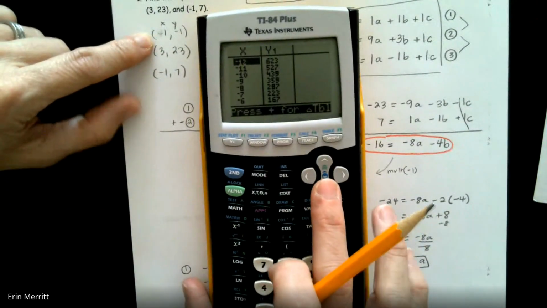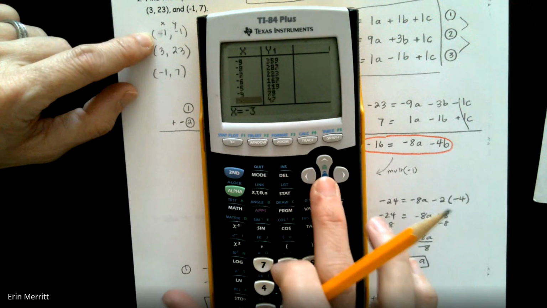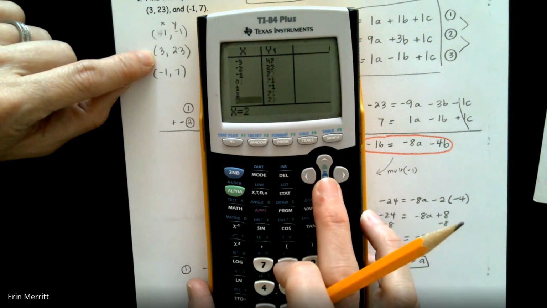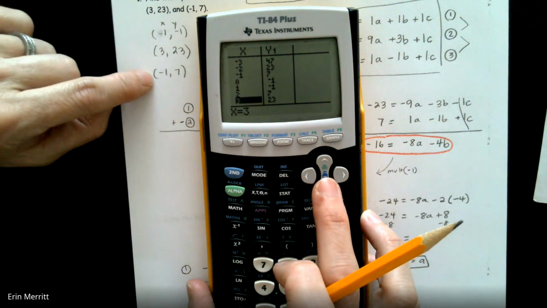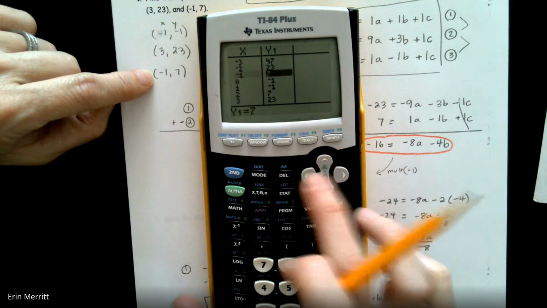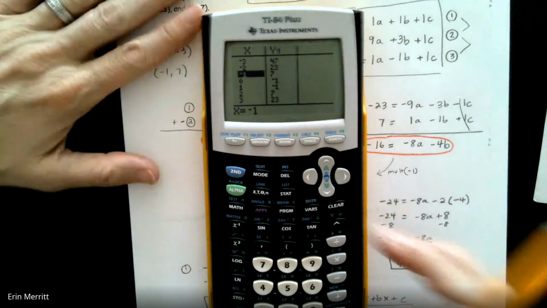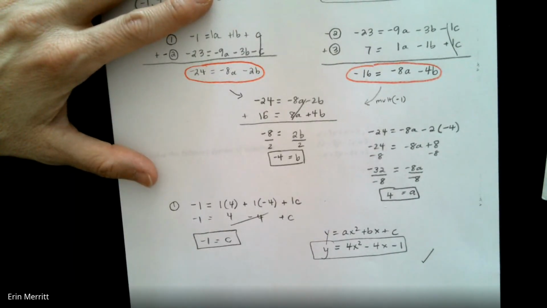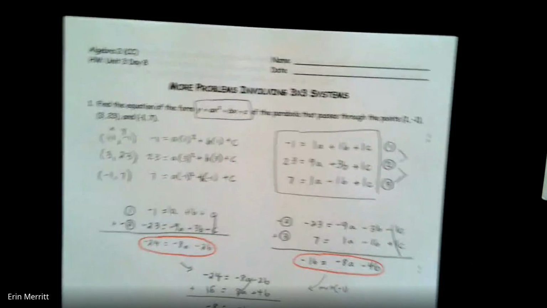So when I say those values, I mean the points they gave us back here. So the point 1, negative 1 should be on here. So there's 1, negative 1. And then 3, 23, there's that guy. And I skipped it, negative 1, 7 right there. Right? So that's the way to check my answer. First one's done. Flip it on over to the back.